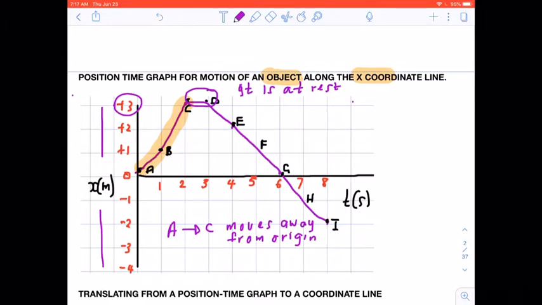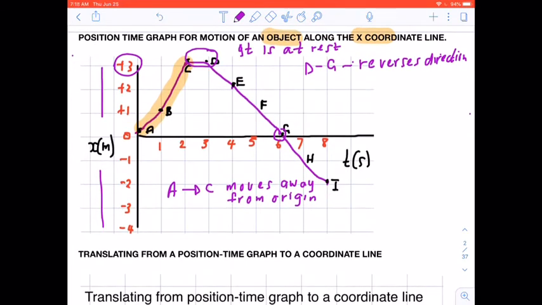From D to G, it reverses direction. As you can see, it's coming towards the origin.